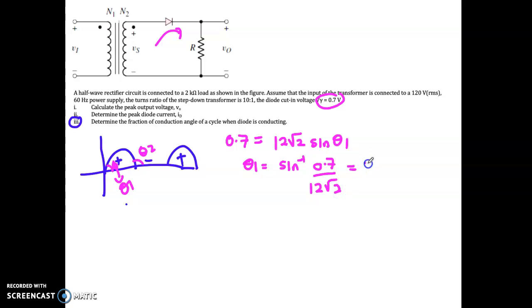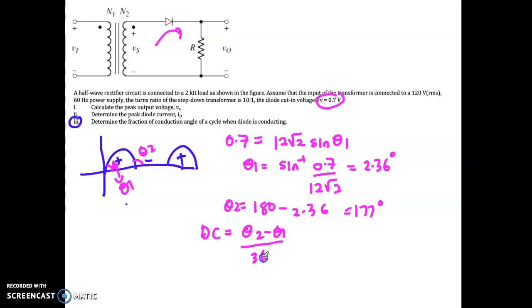So you get 2.36 degree. How you get theta 2 is 180 minus 2.36, around 177 degree. And then the duty cycle is theta 2 minus theta 1 divided by the whole 360 degree, multiplied by 100%.